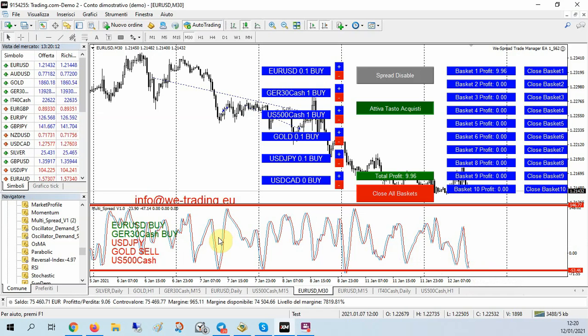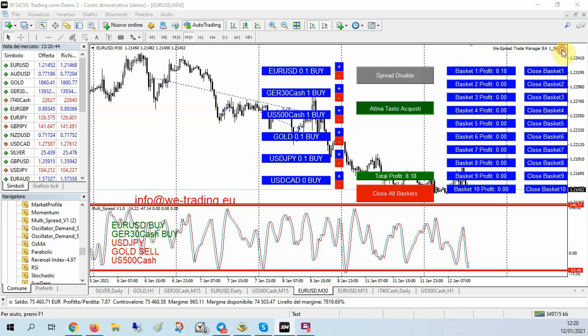So we can try to do a trade where we buy and create profit from this basket if the movement of this curve goes from down to top. In this case we have 5 instruments, but the signal is only on 3 instruments: euro dollar, DAX, and gold. So we will trade only those.